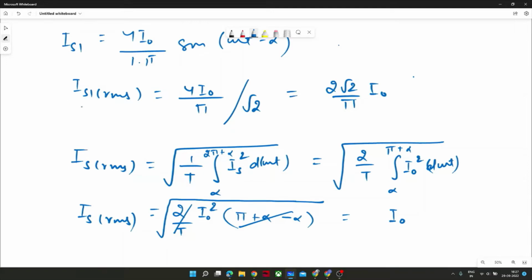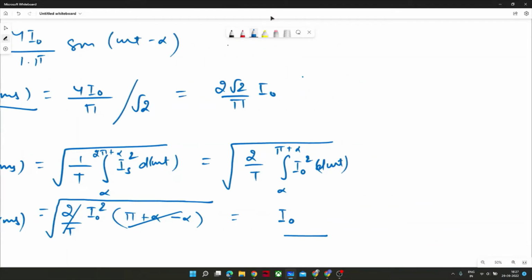So we calculated IS1 RMS and IS RMS. Now we need to take the ratio between them, IS1 RMS by IS RMS. IS1 RMS was 2 root 2 by pi I naught, and IS RMS is I naught.